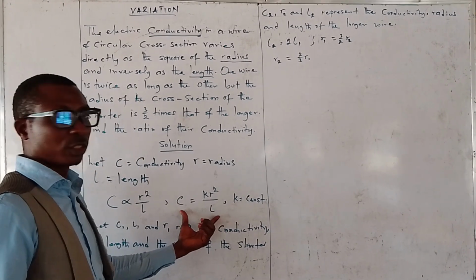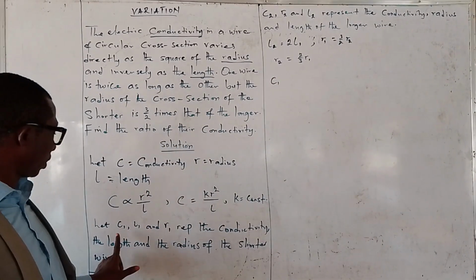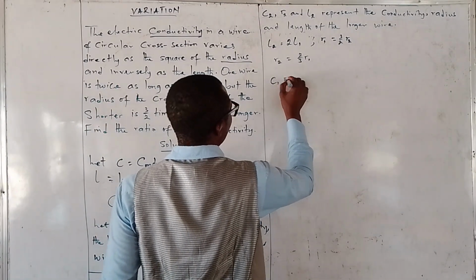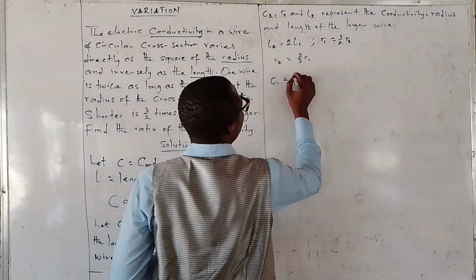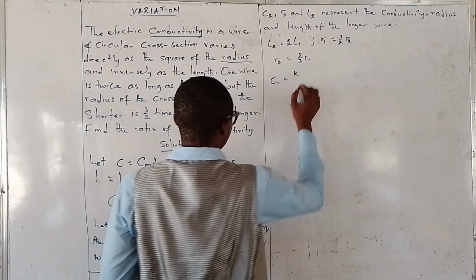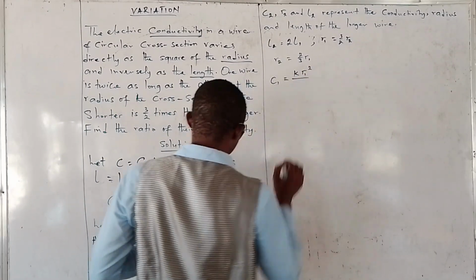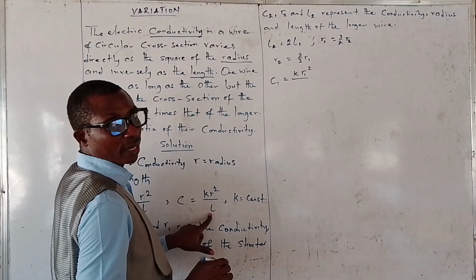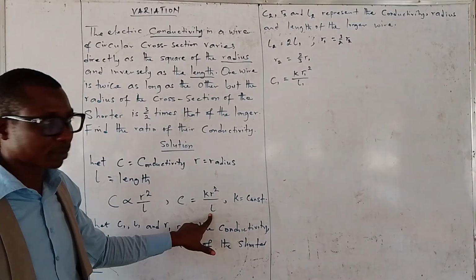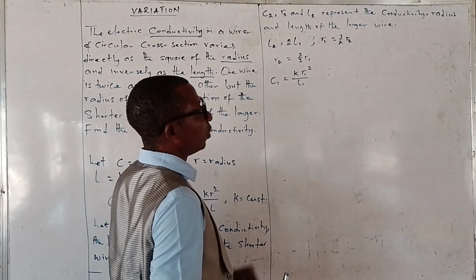So the next thing now is to substitute inside this equation. For the shorter wire, we have C1, the conductivity of the shorter one, equals, using this formula, K times R1 squared all over L1, the length of the shorter wire. Now let's look at that of the longer wire.